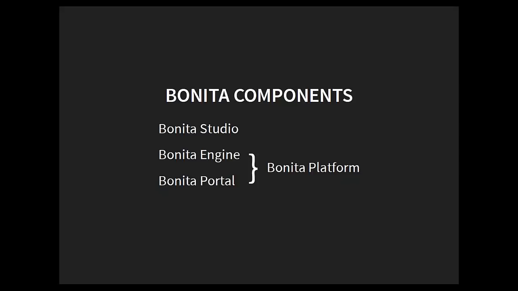You can see it as a default view, the default perspectives that Bonita provides in order to interact with the processes and applications that we build in the Studio and that run on the engine. So the Bonita platform is basically the engine and the web application called the portal.